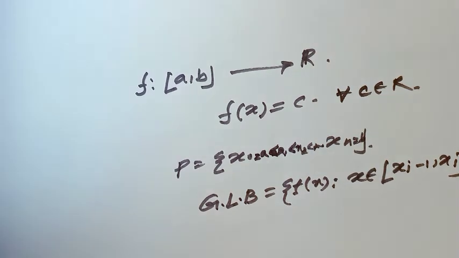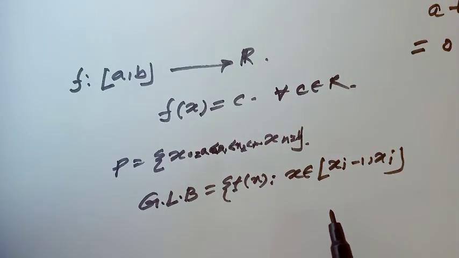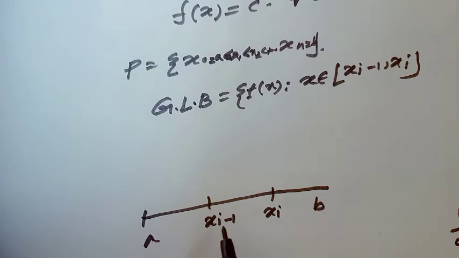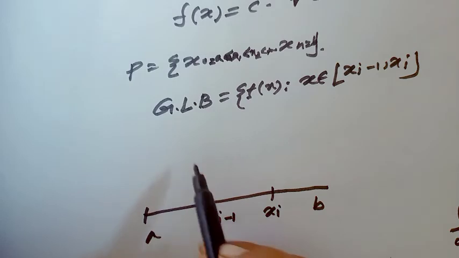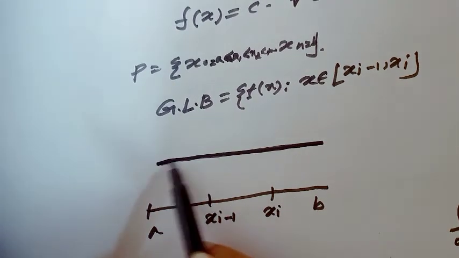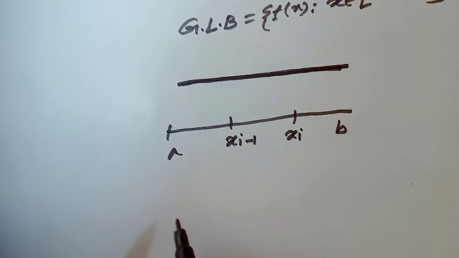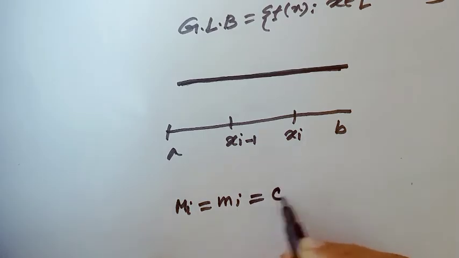At first we have to find the greatest lower bound of the function. Consider the subinterval x(i-1) to xi. Since the function is the constant function c, then always capital Mi equals small mi, which would actually be c.